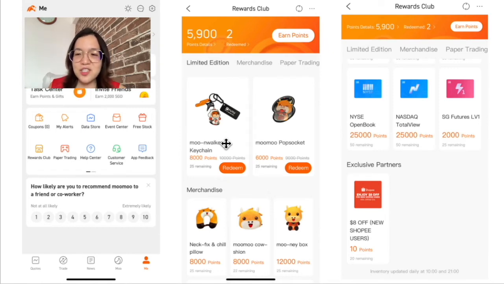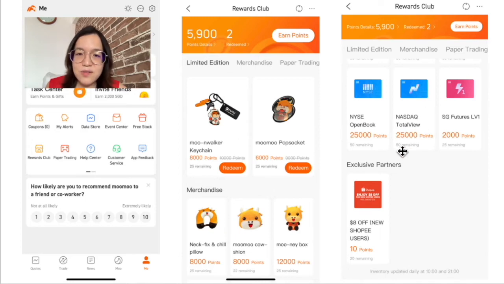But some of them mentioned that it's useless having all these items, because a lot of people enjoy using the platform, but not to the extent of wanting to own their soft toys and things like that. A lot of them gave feedback that perhaps they could have a reward system where they can exchange points for cash vouchers to offset the trading fees or something like that, which is what Tiger is doing.